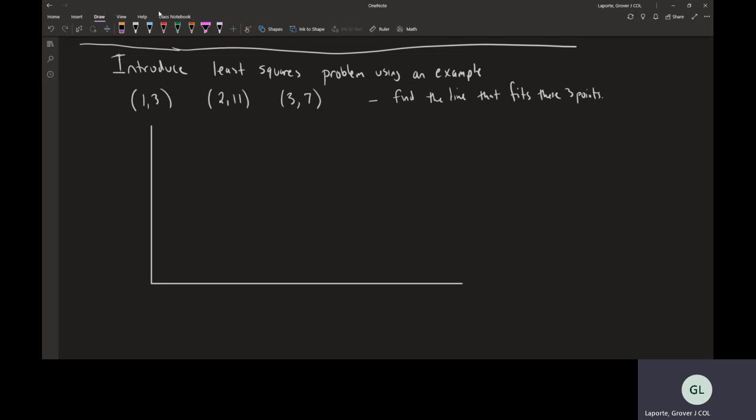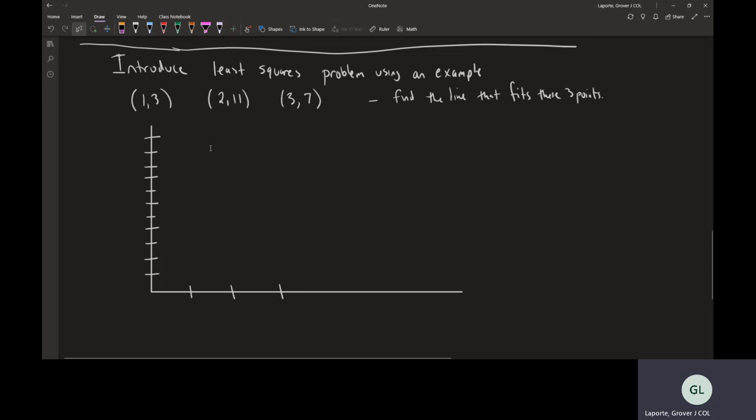Okay, so we've got an XY graph going. Now I'm going to put 1, 2, 3, and then 1 through 11. We're going to call this the t-axis, and we're going to call this the y-axis.